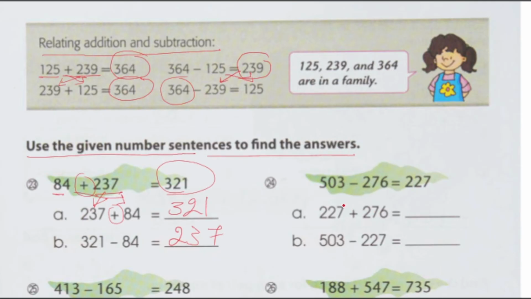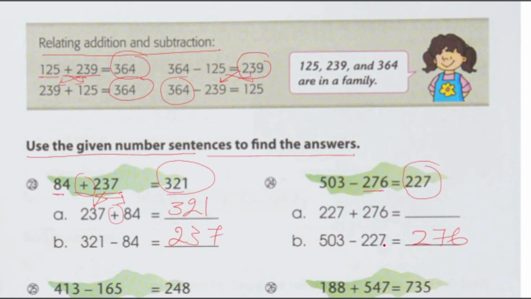Now, 503 minus 276 and the difference is 227. And if we change this number to this place, we will get the difference, this one in this place, 276.